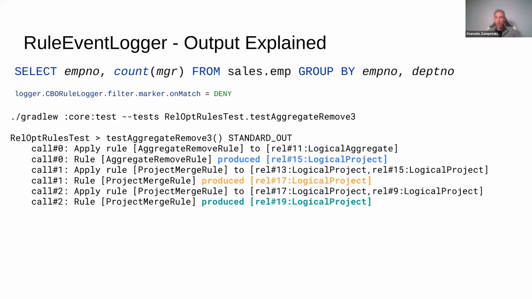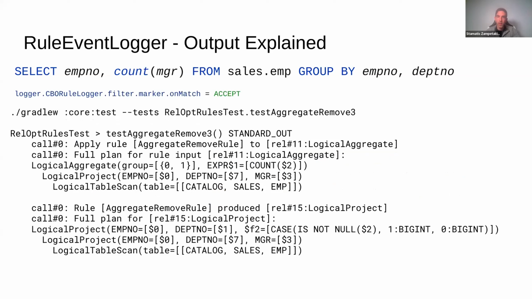This is already quite useful, as you will see in the sequel. But actually, we don't know what exactly the rule did. We know that it removes the aggregate, and in other cases we know that it merged a project, but what exactly it did, we don't know. And this is quite important to understand some problems, as we're going to see next.